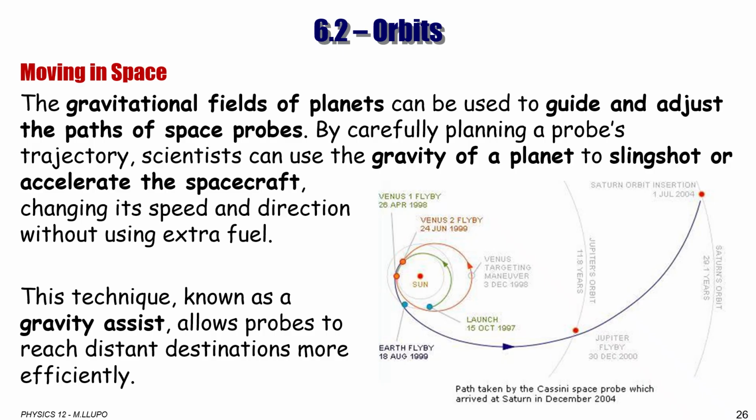This technique, known as a gravity assist, allows probes to reach distant destinations more efficiently by jumping from the gravitational field of one planet to the gravitational field of another, and that way we move away from Earth to explore the universe.